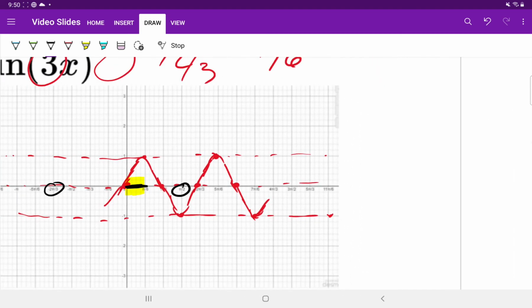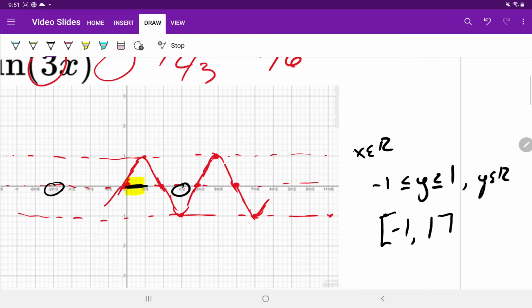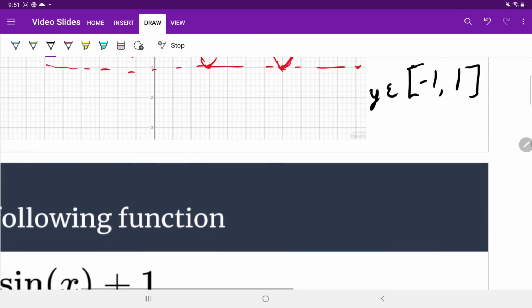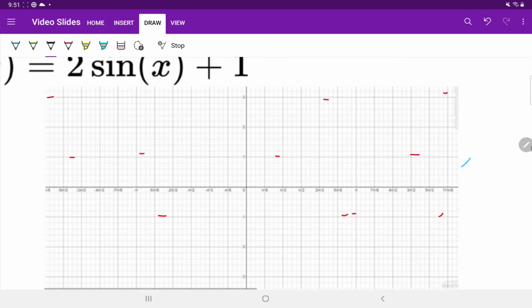You can see it clearly drawn out there. If I was asked to do a domain, I'd say x is real, and then my range would be from -1 to 1, and y is real. Or I could use interval notation, -1 to 1, and y is an element of that. When you use interval notation, it's assumed to be in the real number system.